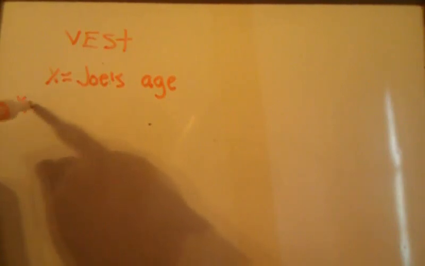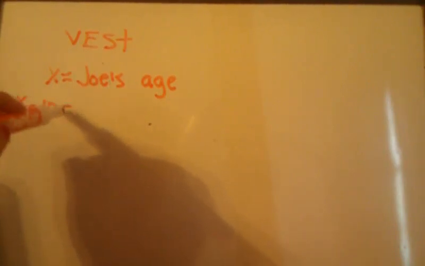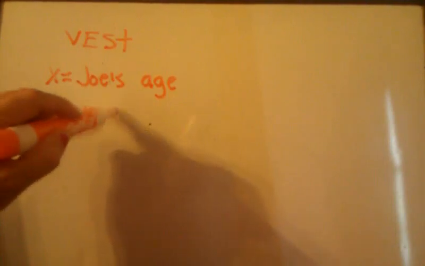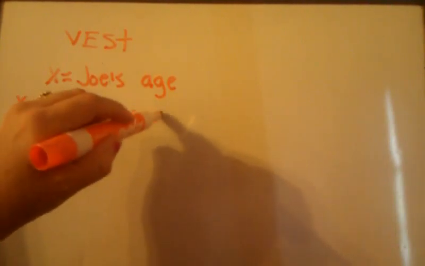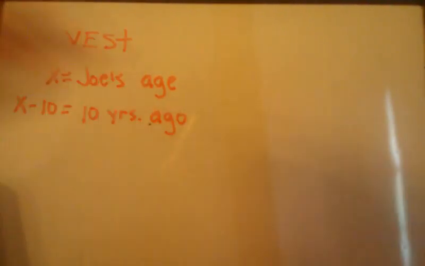If X is Joe's age, what do you think Joe's age was 10 years ago? Well, obviously, 10 years ago is going to be Joe's age now minus 10, right? This is going to be 10 years ago. Now it says Joe's age is 5 less than twice his age 10 years ago.